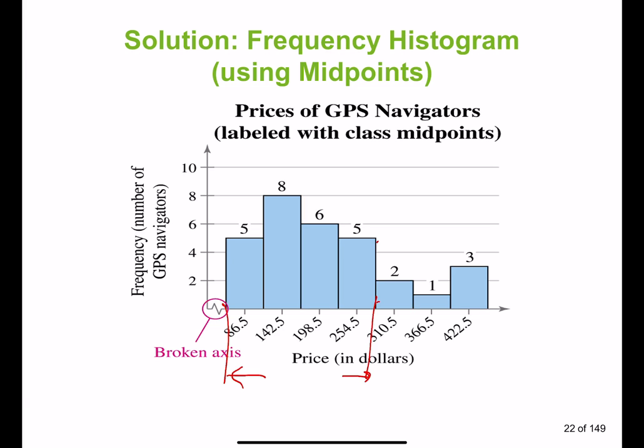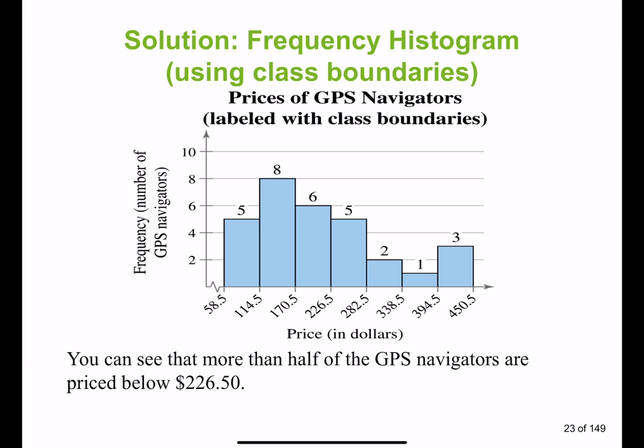The least in demand is this price, 366.5 midpoint. Well, $422.50 are three of them, but we are focused on this one. So this way you will know how many to order or which type of GPS. Is it useful? You bet. Because if you don't know how many to order of which, it's going to be a disaster. Your business can lose money. Highly likely.